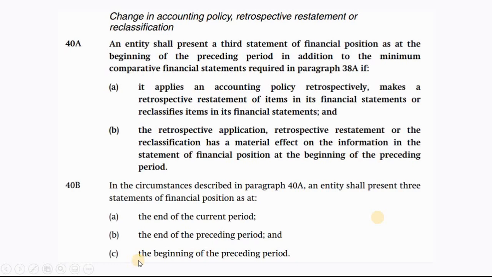And since we have corrections of prior period errors in our problem, and we are required to apply the correction retrospectively, that is why the amounts presented in the statement of financial position in the prior periods are restated. That is why we are going to apply this standard, which is the preparation of a third statement of financial position. Also, a third statement of financial position will be prepared if there is a change in accounting policy.